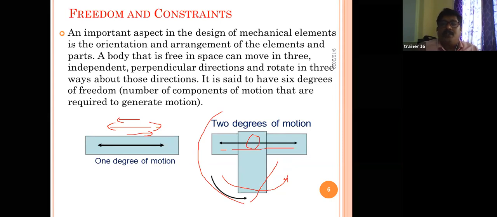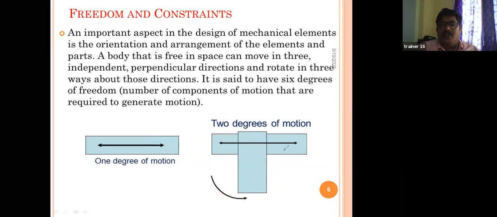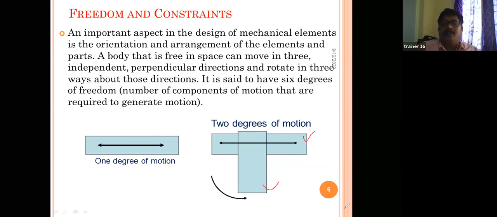This one is translational, linear, and moving, and this one is rotating. It's 2 degrees of freedom.